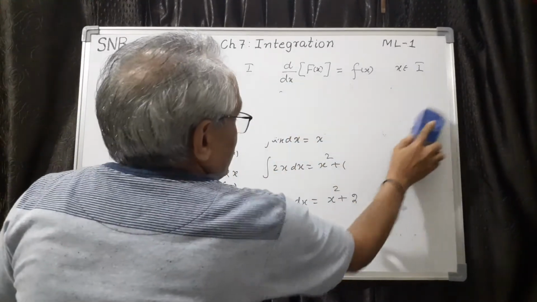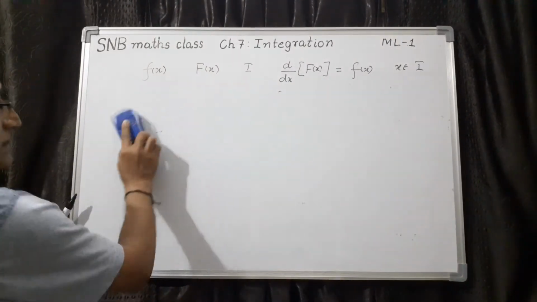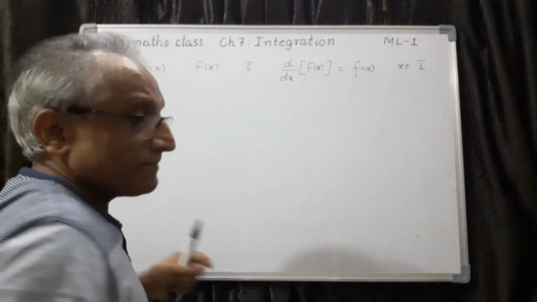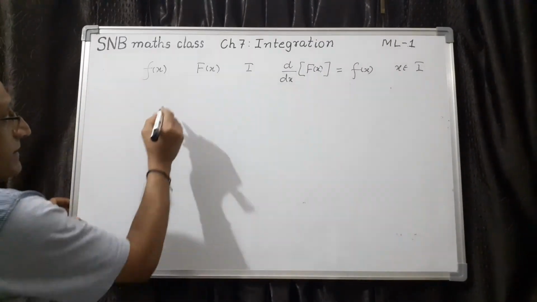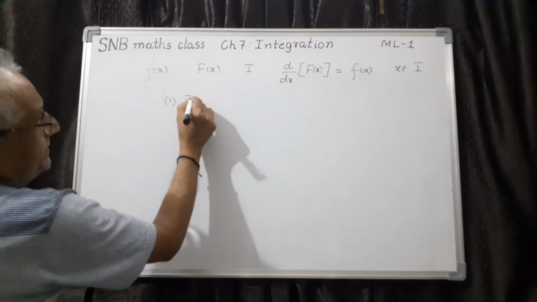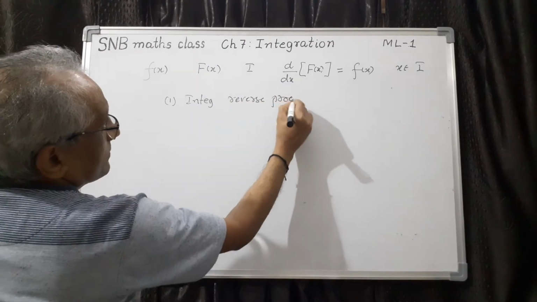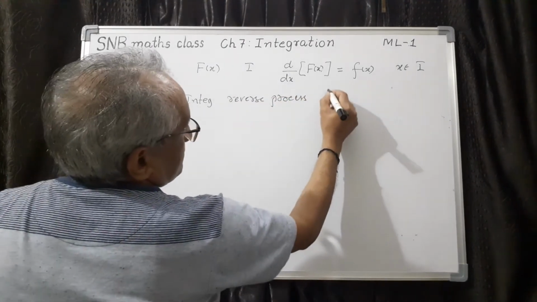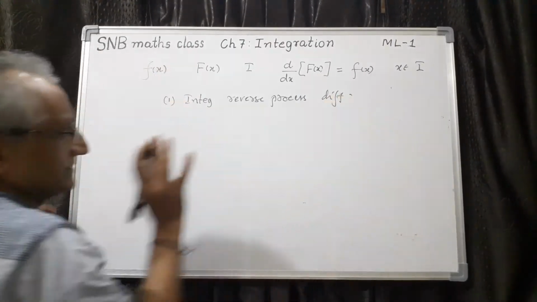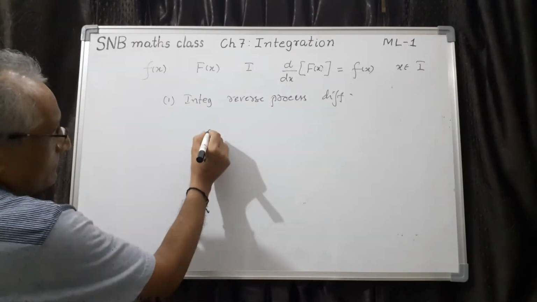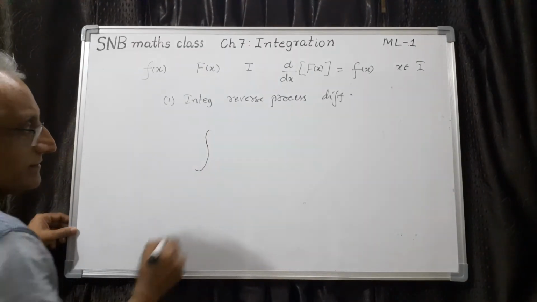Now let me first sum up what I have presented before you as a new idea. So first thing, number 1, integration is a reverse process of what? Differentiation. This is the first thing. Then you have to remember the symbol is this one.